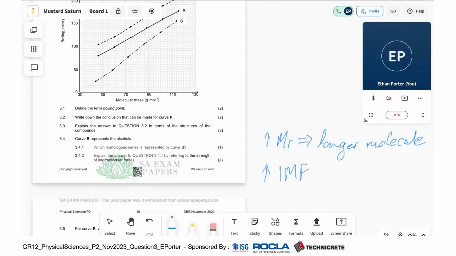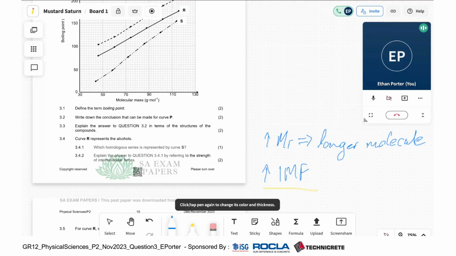It doesn't matter how you phrase this, you just need to basically get to the point that there's more intermolecular forces with longer molecules, there's more sites for London forces, and if there's more intermolecular forces, well, now we need to relate that. So for the second mark in the question, we need to relate that to boiling point.